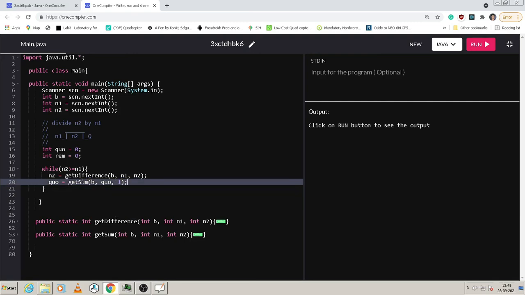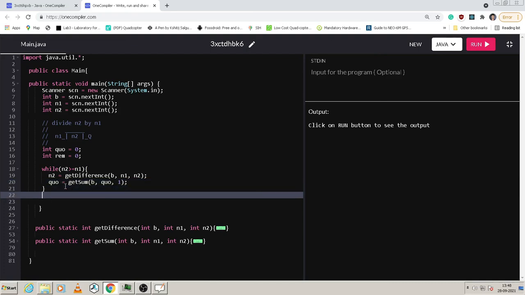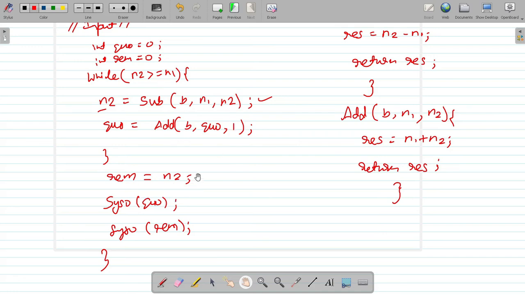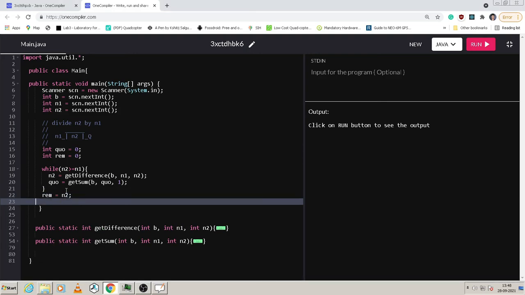This has been done, and after the while loop what we can simply do, as we have already discussed, we can simply assign the value of n2 into the remainder, and we can just print our output. Simply remainder is equal to n2. And we have to print it out.